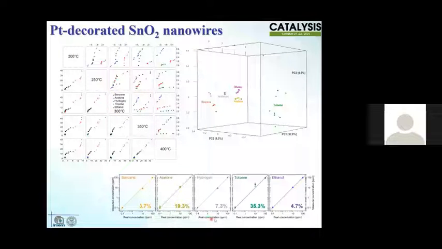You can see we went down for ethanol to 5%, and for benzene lower than 4% error on the gas concentration. But in some cases, like toluene, probably because of this dispersion, this cloud instead of a line, it is much harder to get a better error.